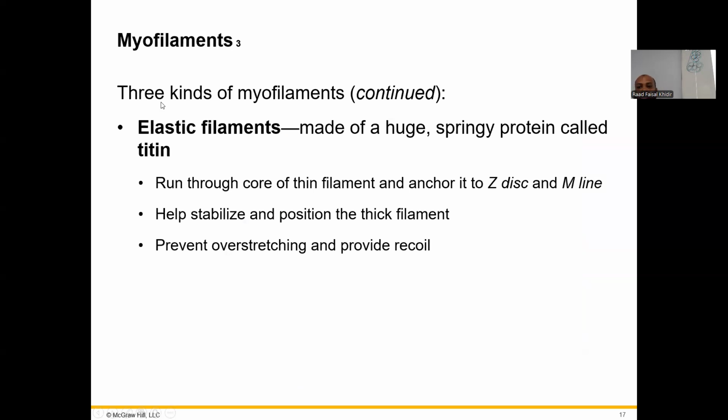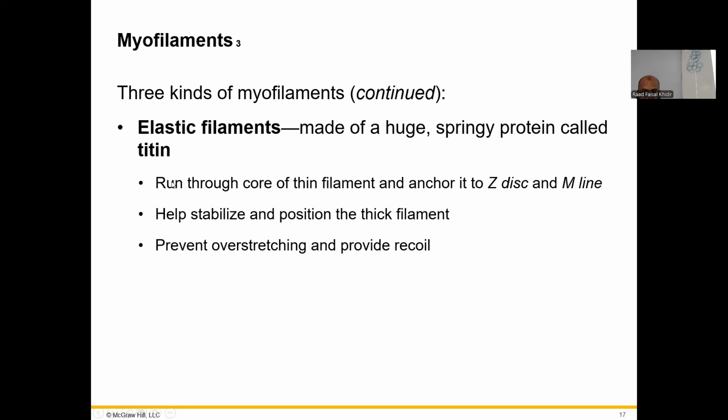So there are three kinds of myofilaments. There is an elastic filament that is made of a huge, springy protein called titin.